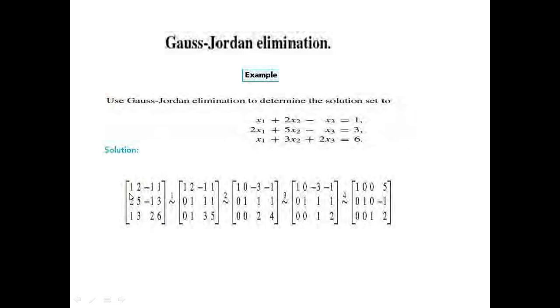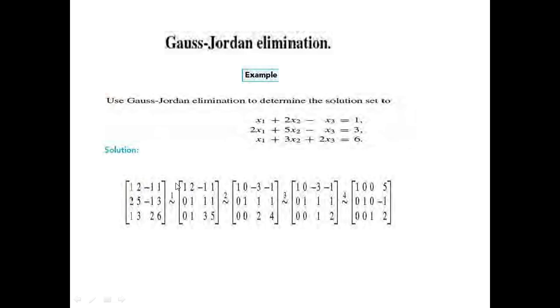So in order to convert, here we have the leading one on the first position, first row and first column. You see, there is the leading one here. Now by using that leading one, we must convert the values below to 0. So we multiply row number 1 by minus 2 and add it to row number 2.